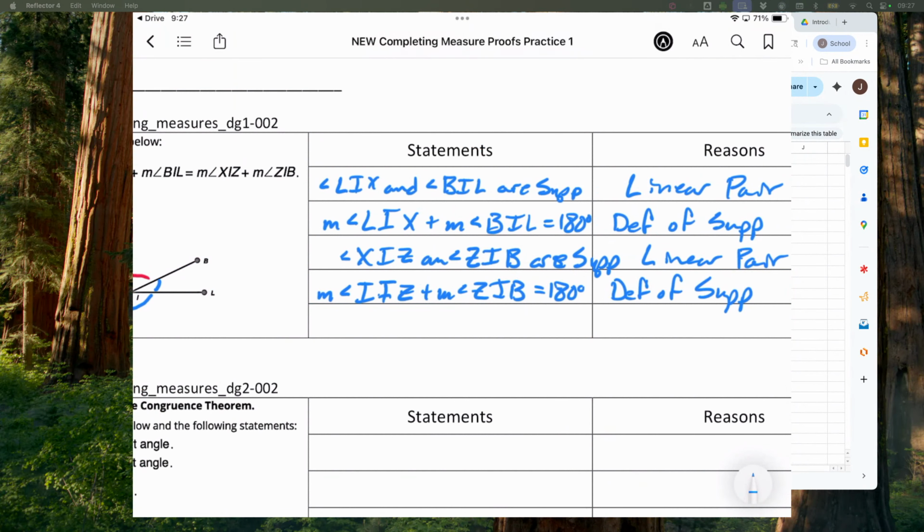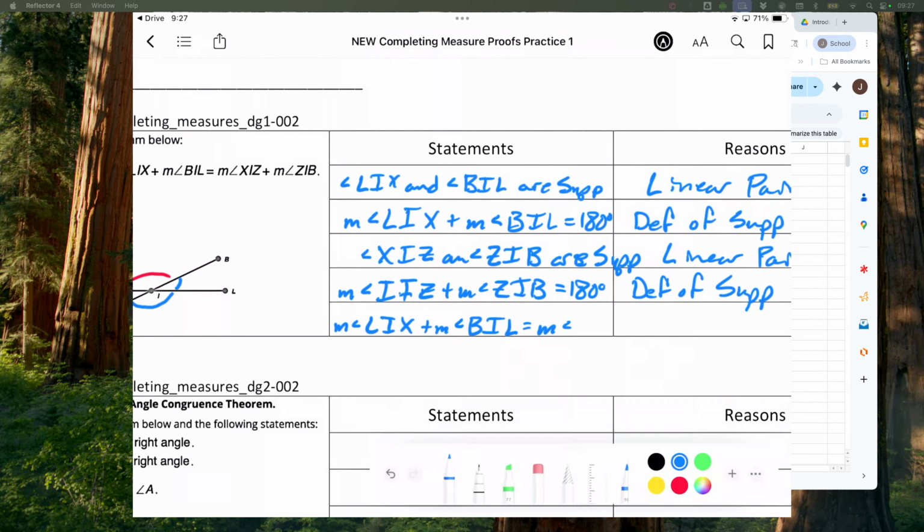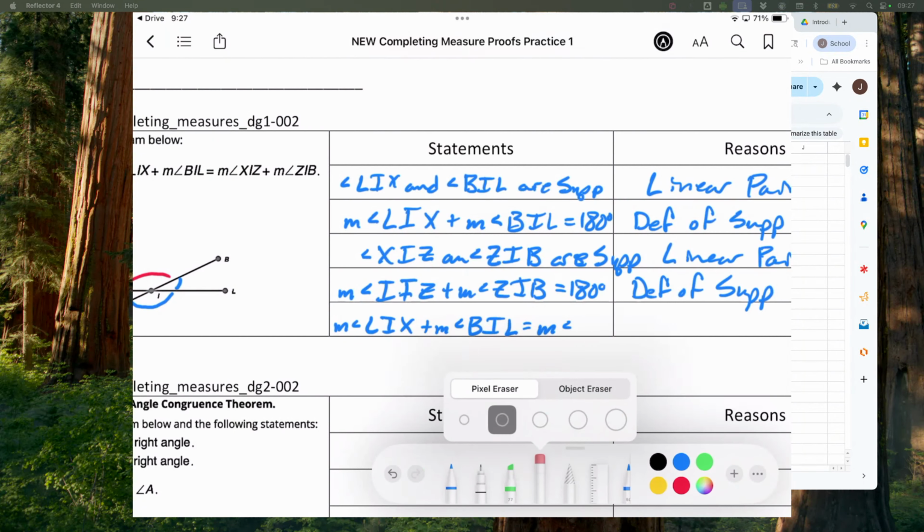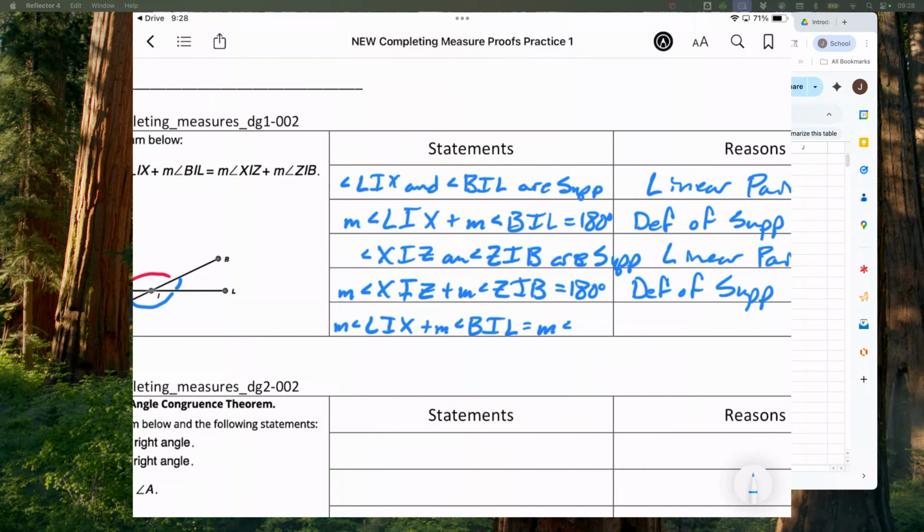So the measure of angle LIX plus the measure of angle BIL is equal to the measure of angle XIZ plus the measure of angle ZIB.